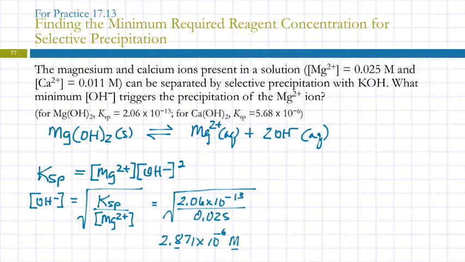Yeah. So you chose the magnesium instead of the calcium one because it has a smaller KSP? Yeah, magnesium has a smaller KSP, which means it's less soluble. So magnesium will precipitate first because it's less soluble in the presence of hydroxide.